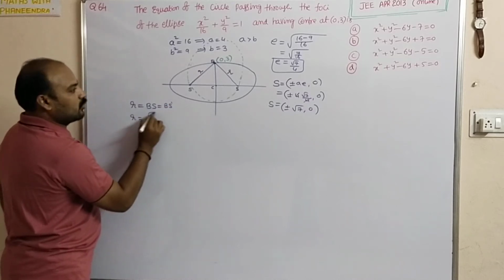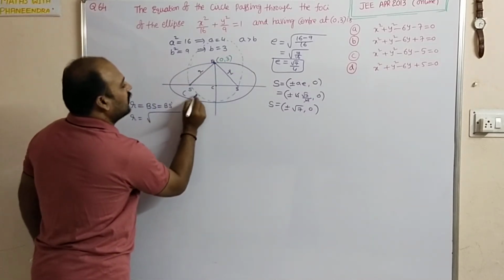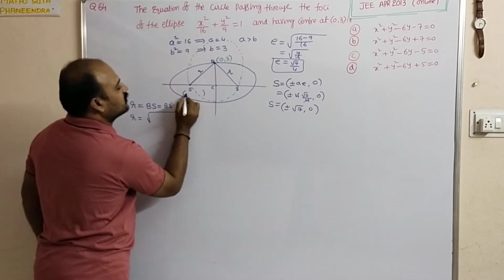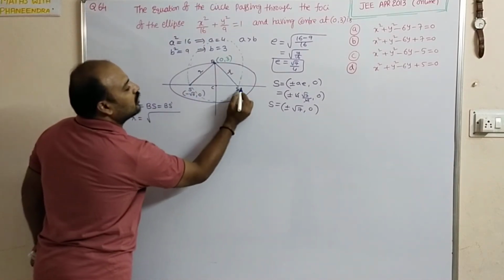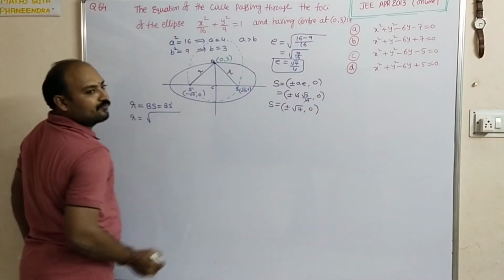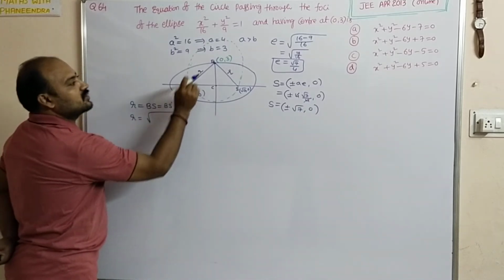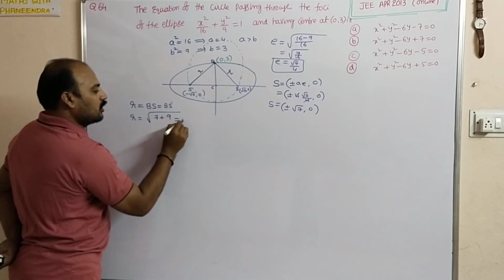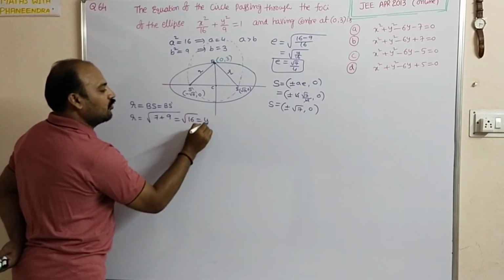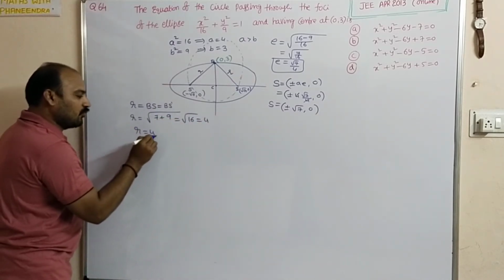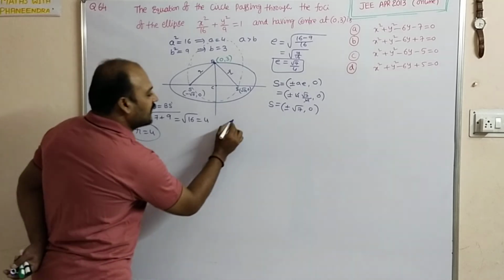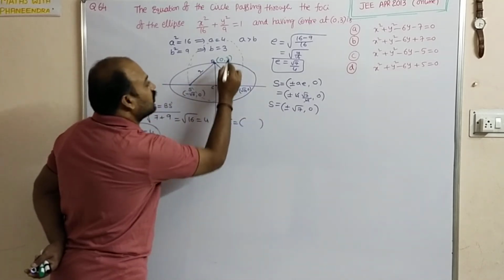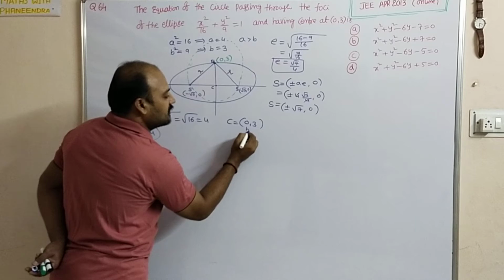So radius r equal to distance from (0, 3) to (minus root 7, 0), that is root of (minus root 7 minus 0) whole square, 7, plus (0 minus 3) whole square, 9, root 16, that is equal to 4. So radius is equal to 4 and center C is equal to (0, 3), that is (h, k).